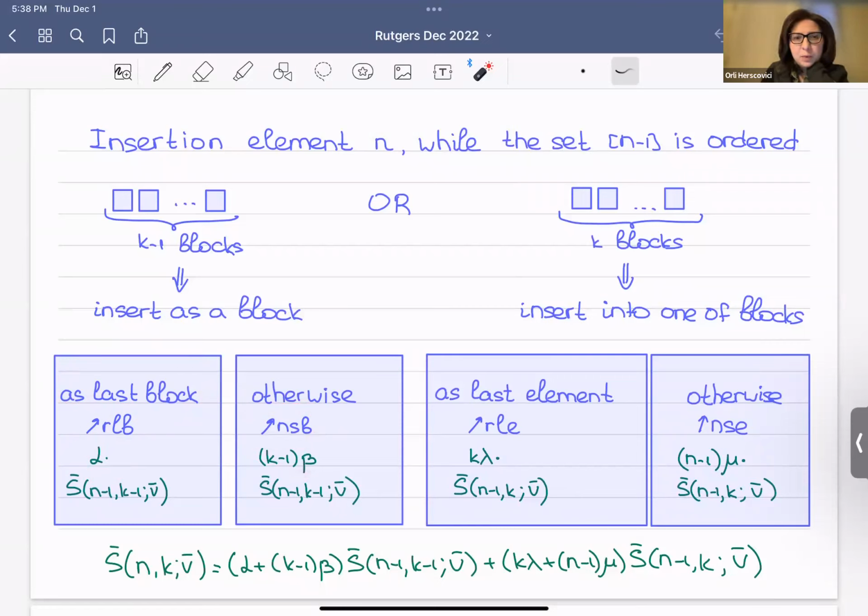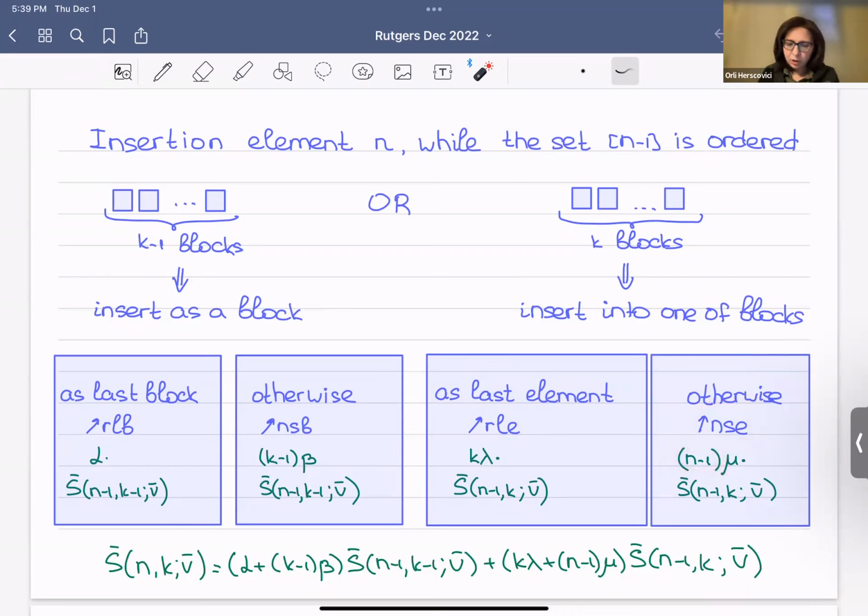If our n-1 elements are already arranged into k blocks, we need to insert n into one of the existing blocks. If it is inserted as the last element of a block, we will increase the statistic RLE, and we have k opportunities to do it. Otherwise, the statistic NSE will be increased, and we have n-1 opportunities to do it.